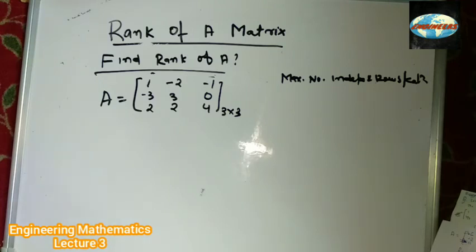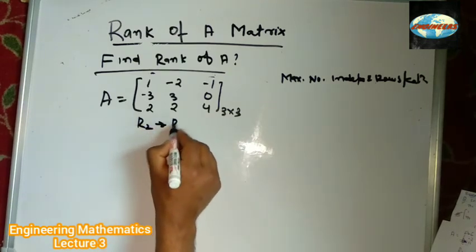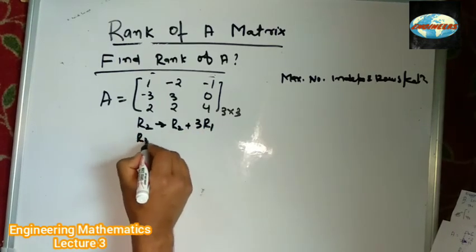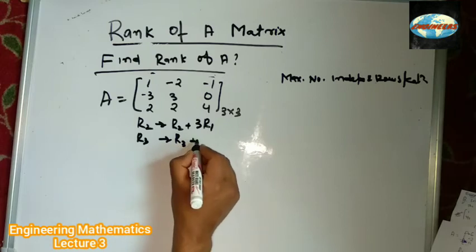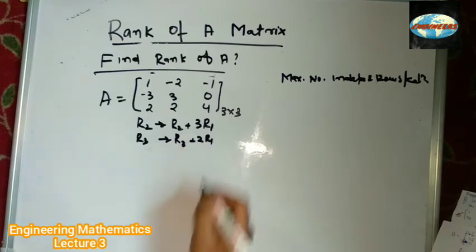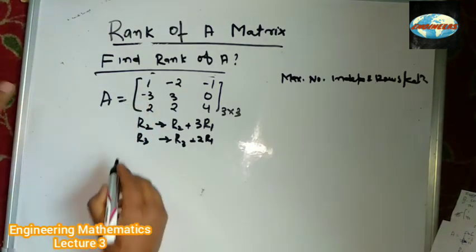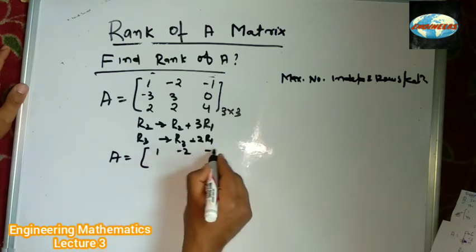So if we apply this operation, R2 gives us R2 plus 3 times R1, and R3 gives us R3 plus minus 2 times R1. I told you to try to make these two elements 0 in the first step. So we will get A with first row 1, minus 2, minus 1.